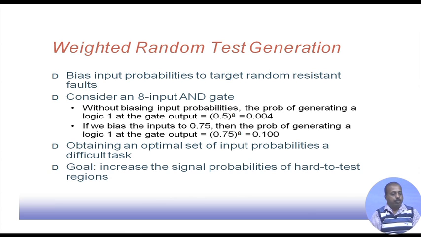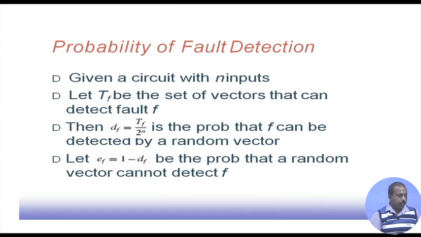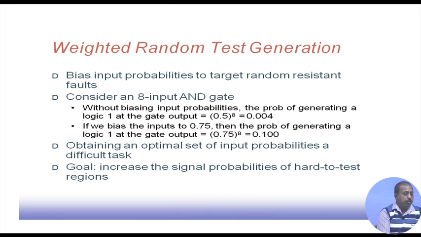To solve this random resistance problem, sometimes we bias the inputs of a random resistant fault. How do we make this weighted random pattern? Let us take an 8 input AND gate. If we do not have any biasing, then all the 8 inputs of this AND gate have a probability of 0.5 at the input.